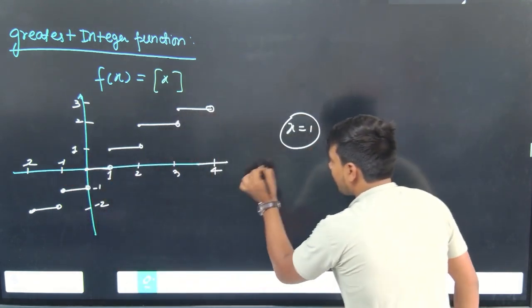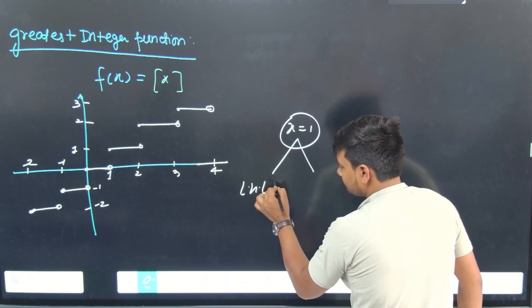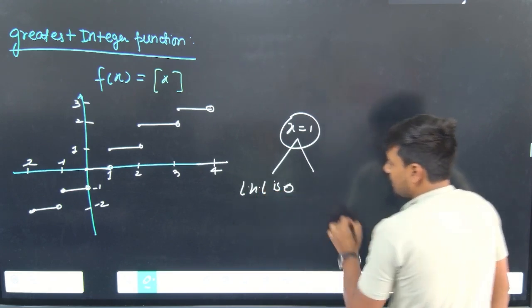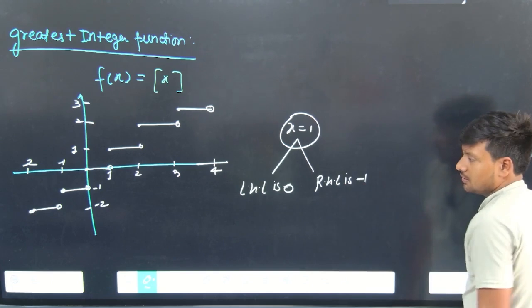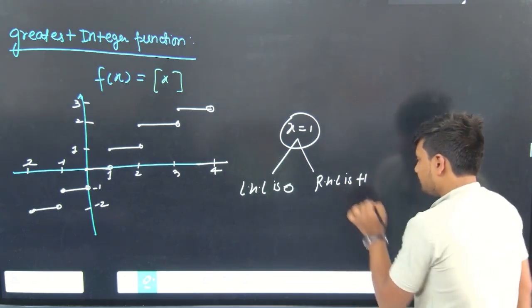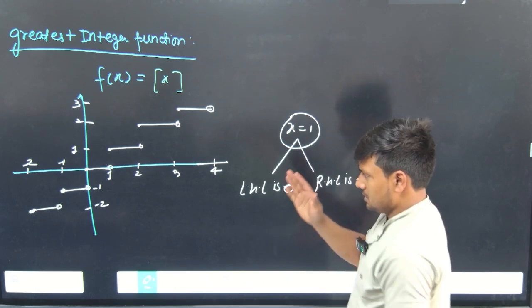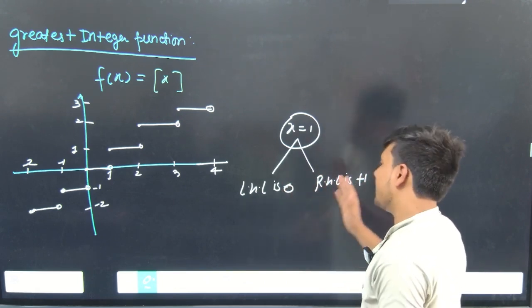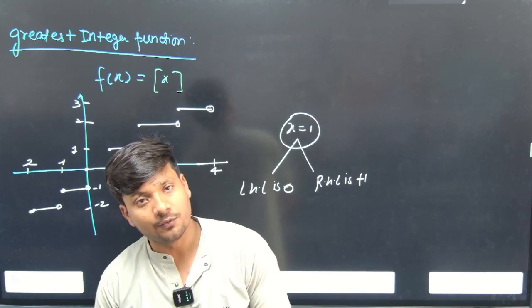So at x equal to 1, LHL is 0 and RHL is 1. This means the left hand limit and right hand limit are not equal, so the function is not continuous at x equal to 1.